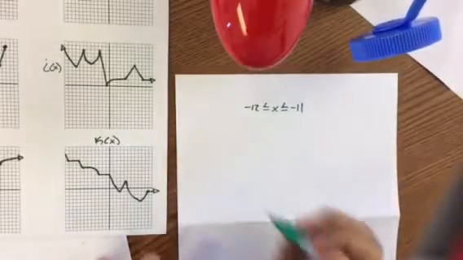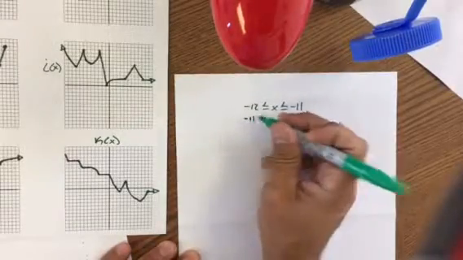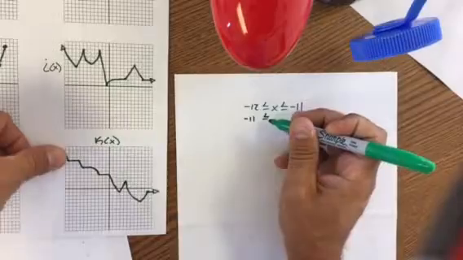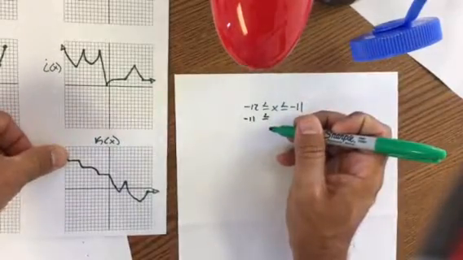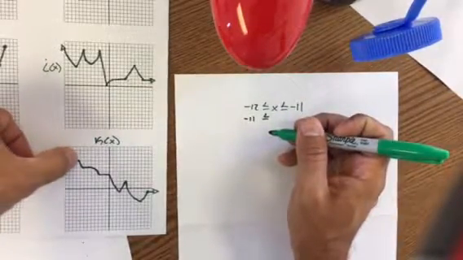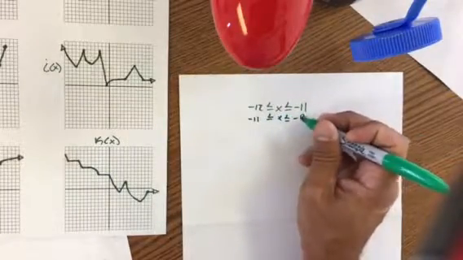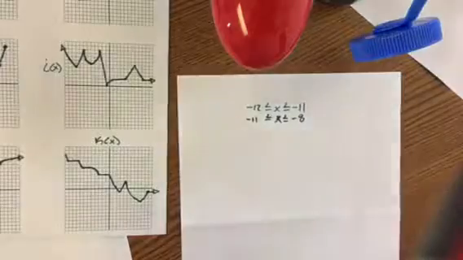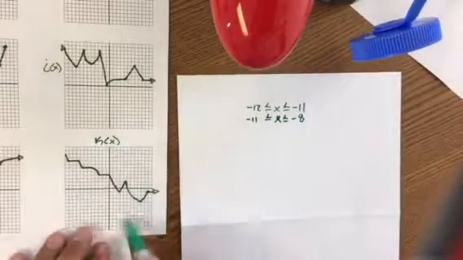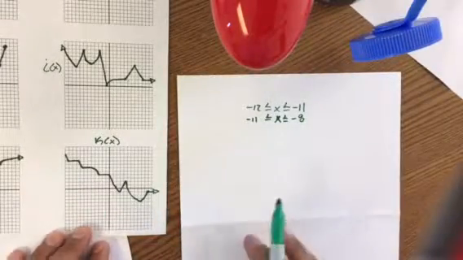And then we're gonna go from -11 right here until -8. And remember, anytime we're dealing with a line, it's gonna be or equals to. So all the way through this is gonna be or equals to.